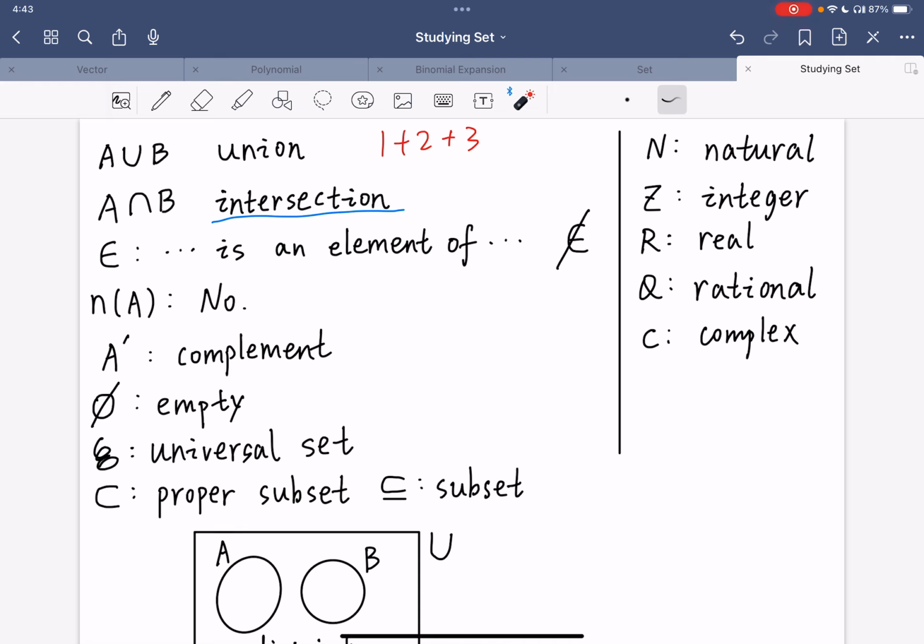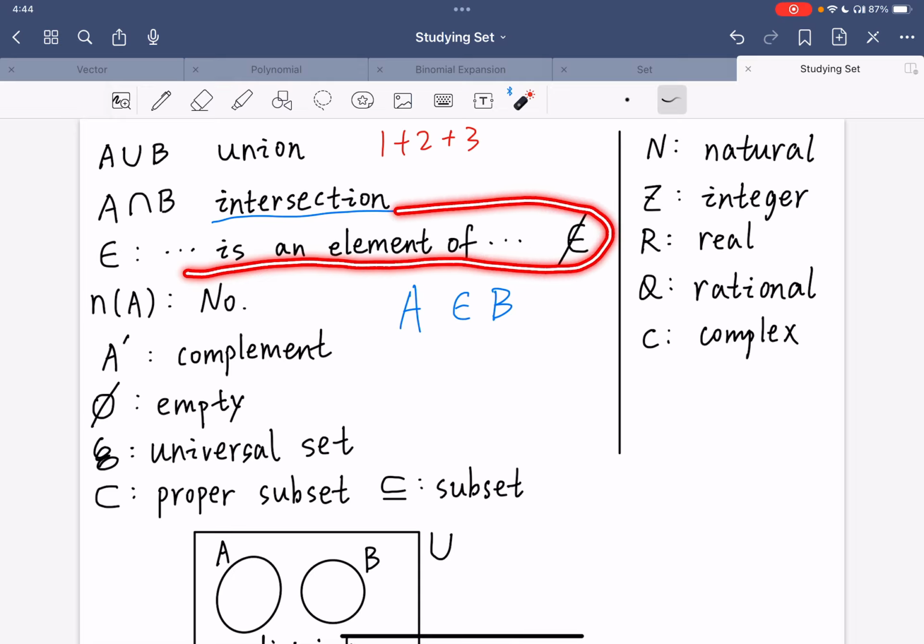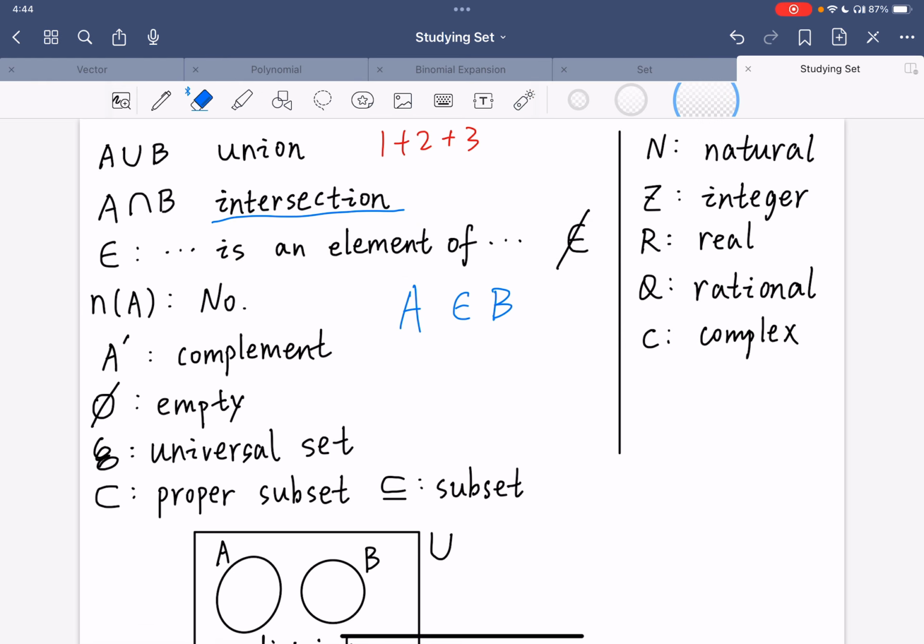For example, if A ∈ B, then I usually translate it into A belongs to B. Or you can use a more official way, saying A is an element or a member of the set B. Now, what if we add a cross, a line crossing this sign?